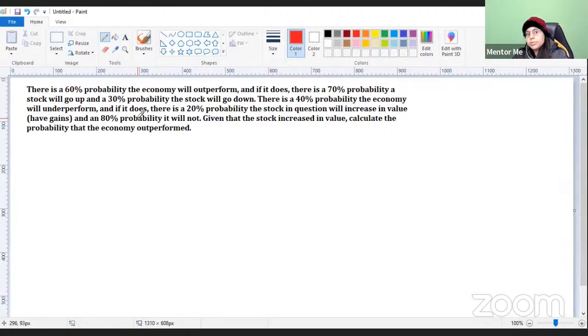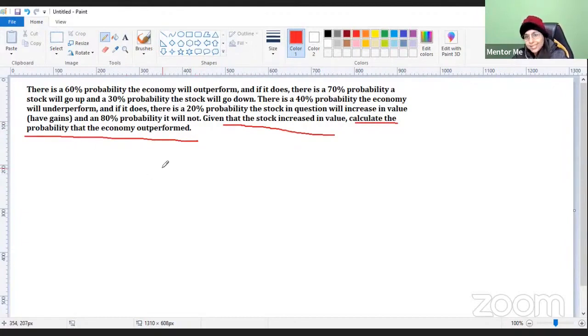There is a 30% probability that the stock will go down. Okay. There is a 40% probability of the economy underperforming. And if it does underperform, there's a 20% chance of the stock going up and a 80% chance of it going down. Given the stock increased in value, calculate the probability that the economy outperformed.